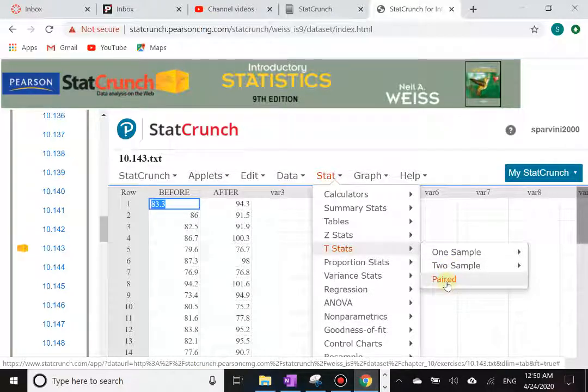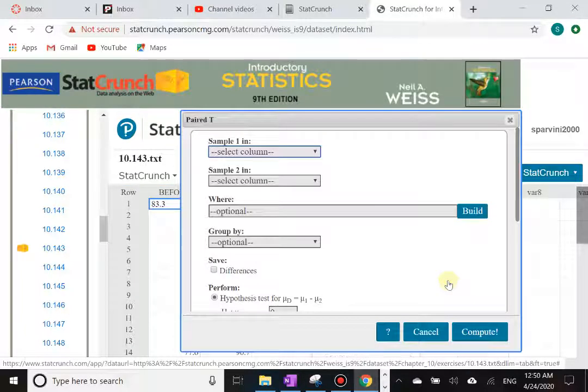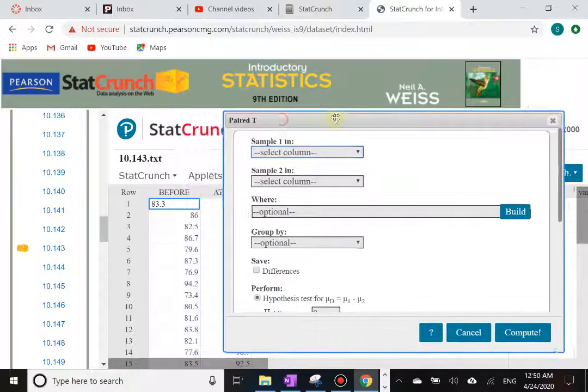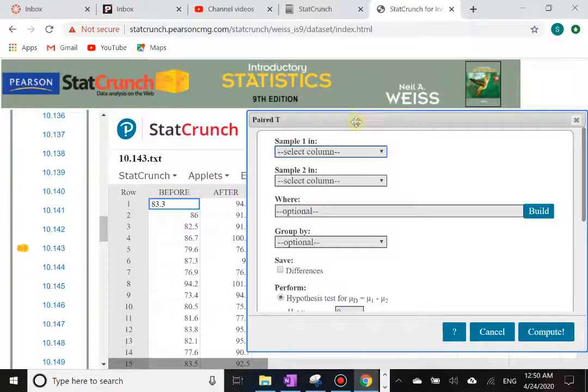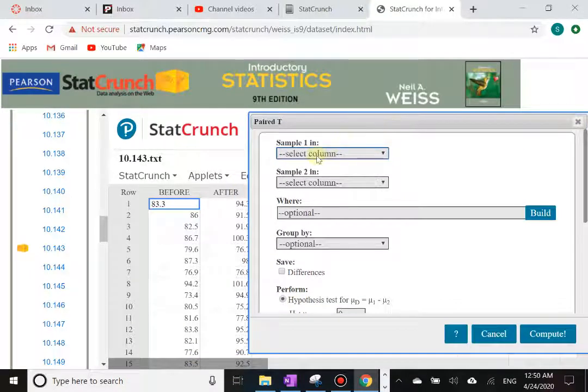Remember, we're doing dependent samples. So this is going to be a paired t-test. And here's paired. The word paired is in here. Paired t-test. And the question is asking, okay, where is your first sample? The first sample is in the before. The second sample is after.